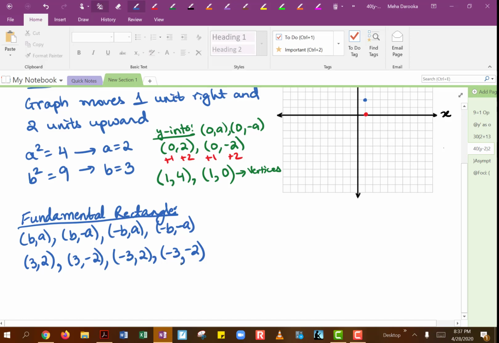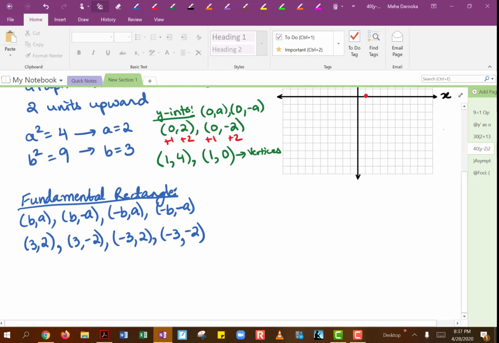So in this case, all of our x values are moving 1 unit to the right, and all of our y values are moving 2 units up.